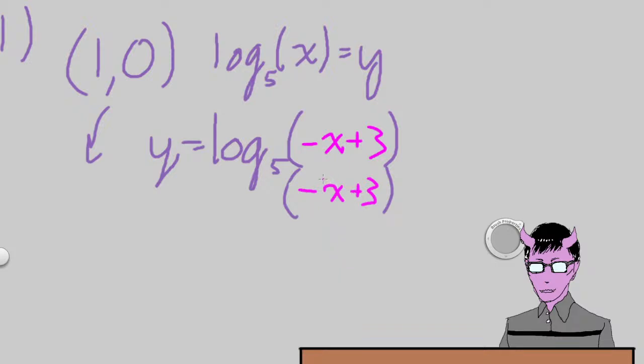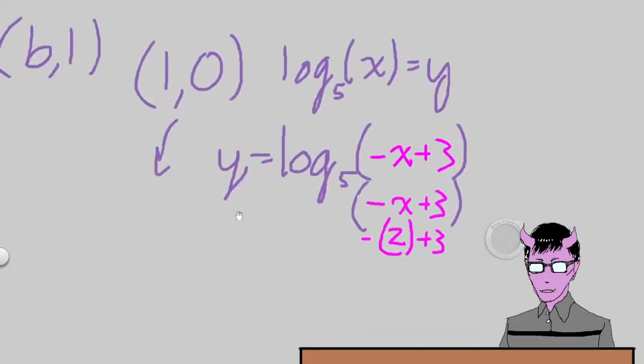So if x is +2, we apply the negative, and then we shift +3, right? So you could think about it like that. So what does that mean? It means that the new anchoring point will have to be based off of this 2, so +2.